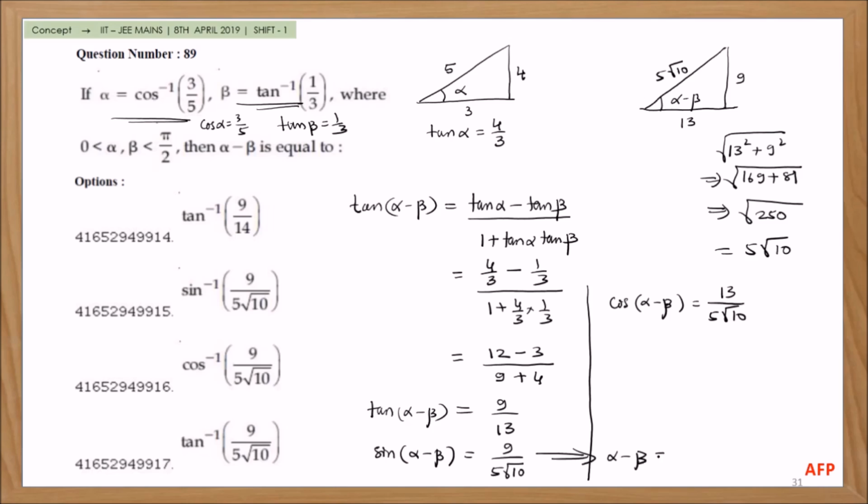Alpha minus beta is equal to sine inverse of 9 divided by 5 root 10. Which option does it follow? It is the second option. Sine inverse 9 divided by 5 root 10 is the correct answer.